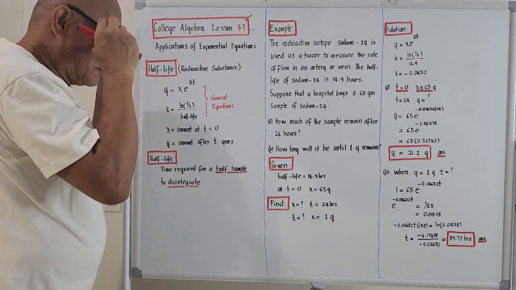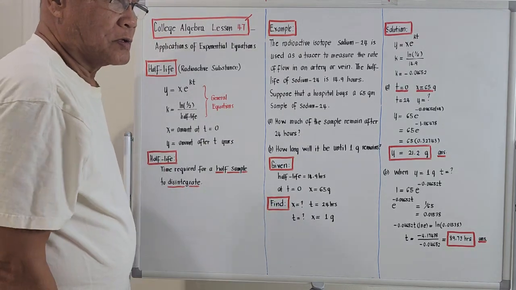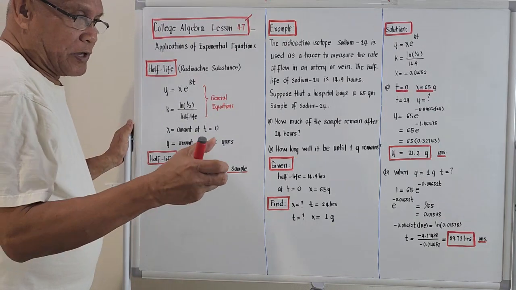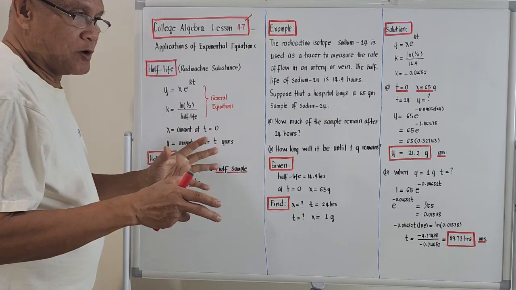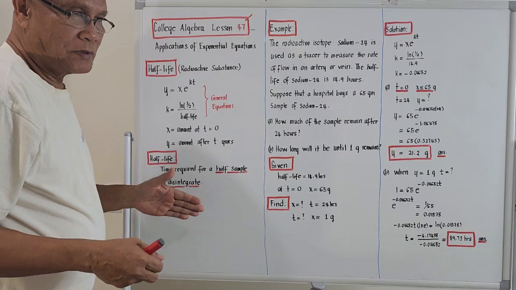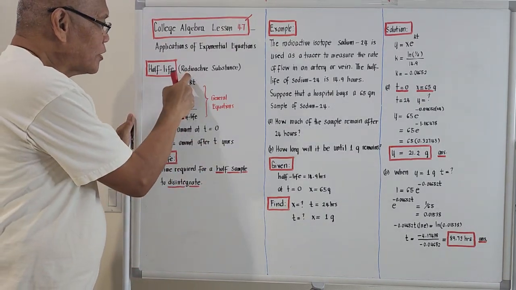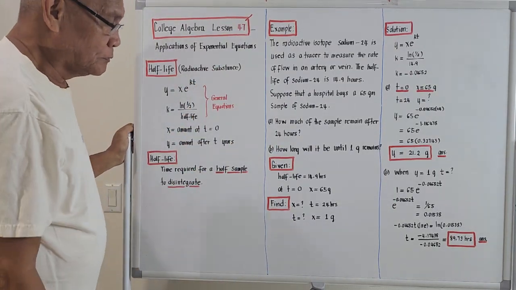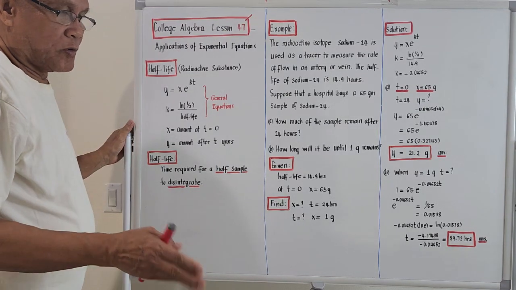In real life, there are so many applications of exponential and logarithmic equations. Real life problems. I will try to discuss one topic, and this will now be on the so-called radioactivity. There is the so-called half-life for radioactive substances, like uranium.